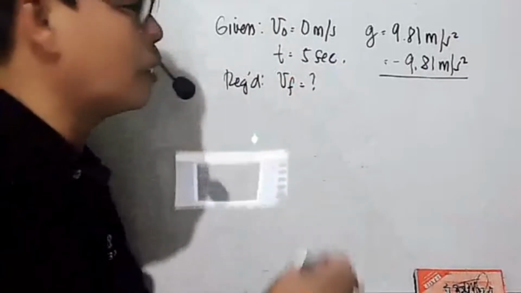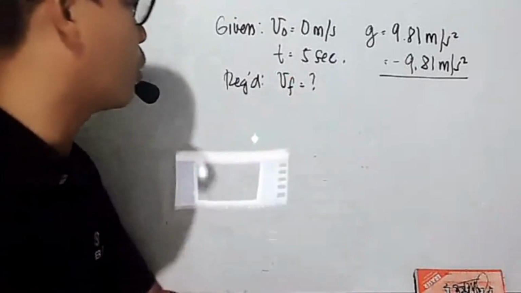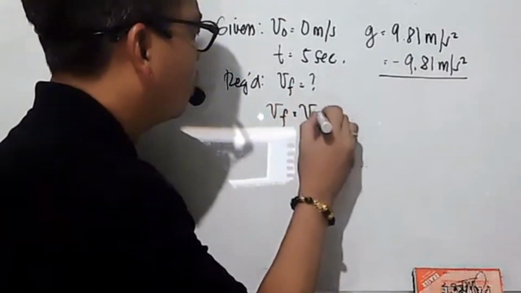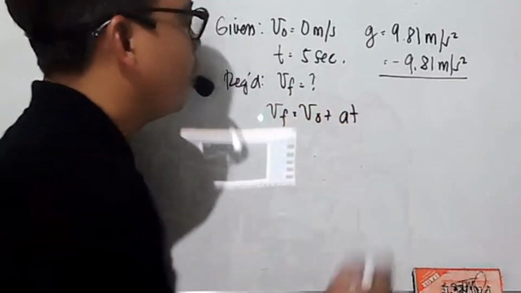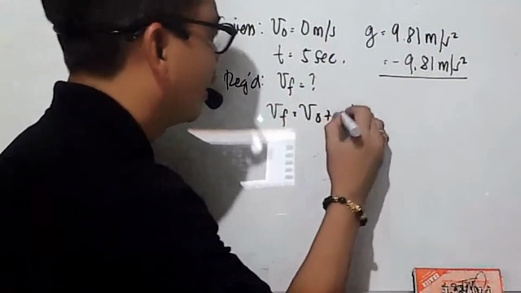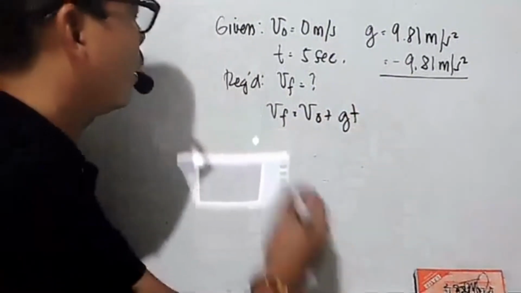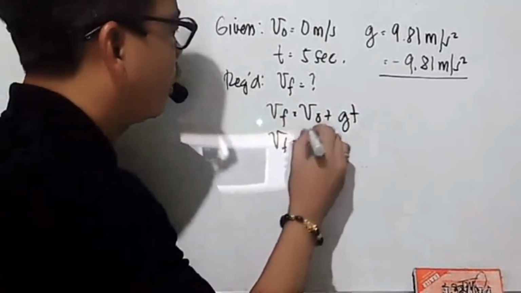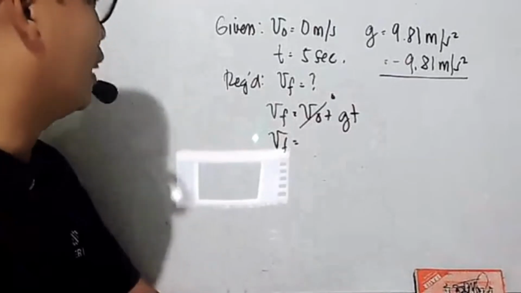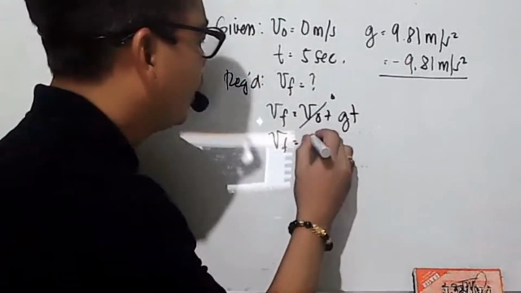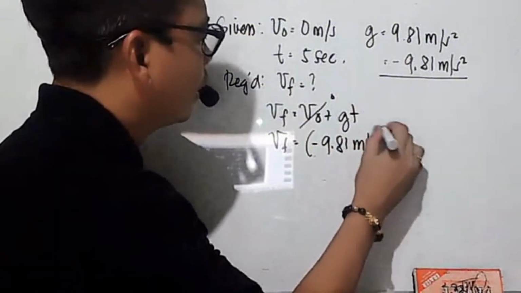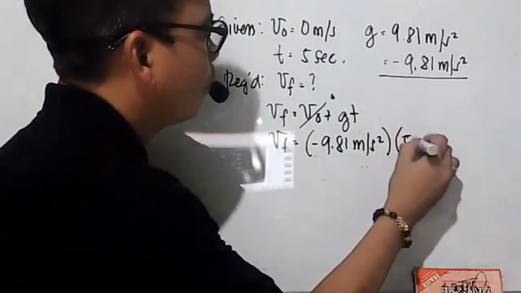So using our second formula in kinematics in horizontal motion, we have Vf is equal to Vo plus At. But in this case, we're going to use not A, but G. So Vf equals Vo plus Gt. Therefore, your final velocity is equal to your initial velocity, which is 0, so that is omitted, plus your G, negative 9.81 meters per second squared, multiplied by the time of 5 seconds.